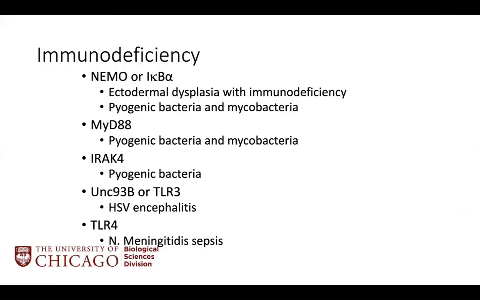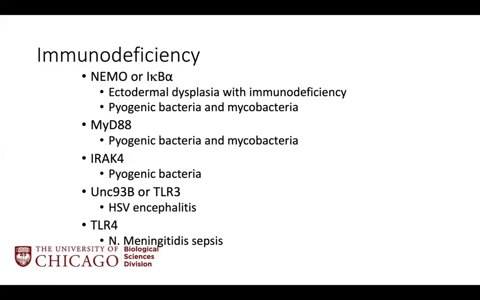And here is a list of immune deficiencies that I've put together, all part of those associated with TLR in some way. So if you have a NEMO or I-kappa B deficiency, you have an ectodermal dysplasia, and then you are susceptible to pyogenic bacteria and mycobacteria. You can have a MyD88 deficiency, same. You have pyogenic bacteria and mycobacterial susceptibility.